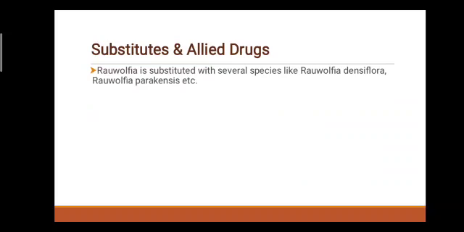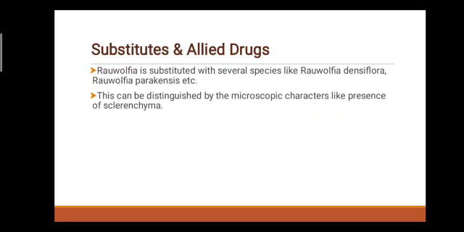Next point, substituents and allied drugs. Rauwolfia is substituted with several species like Rauwolfia densiflora, Rauwolfia paragynnis, etc. These can be distinguished by the microscopic characters like presence of sclerenchyma.